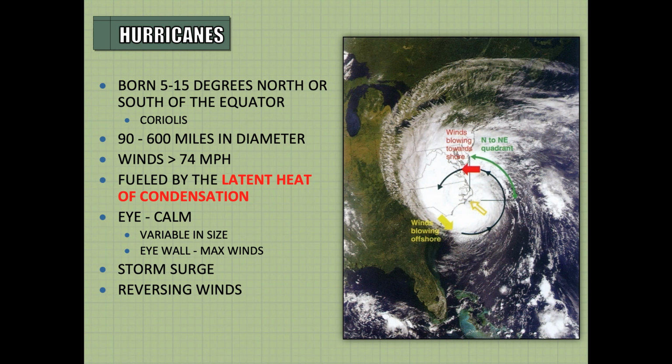They require warm ocean water. And these are the things that are usually associated. These are characteristics of a hurricane. Again, a hurricane is a name given in the Atlantic Ocean and the East Pacific Ocean. In the Indian Ocean, they call them cyclones. In the Western Pacific, they call them typhoons. Same thing.